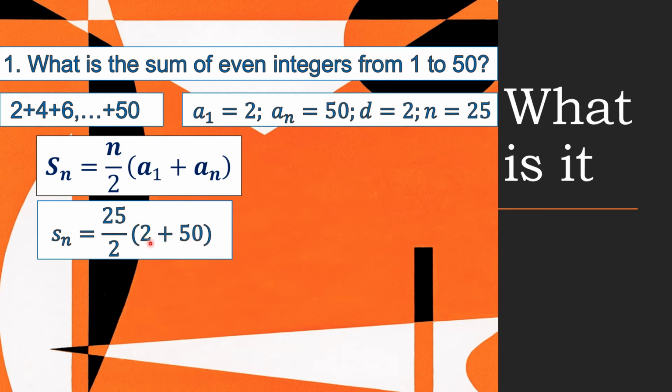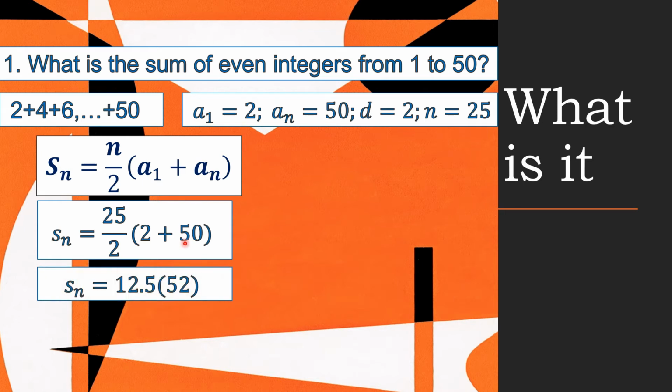I-add muna natin yung 2 and 50, that will be equal to 52. And pag dinivide ang 25 tsaka 2, that is 12.5. Then, pag minultiply ang 12.5 tsaka 52, ang answer natin ay 650. So, ang S sub n natin ay 650 or ang S sub 25 natin ay 650.